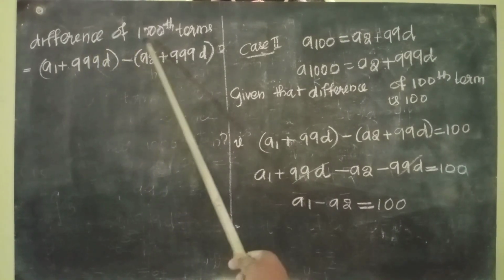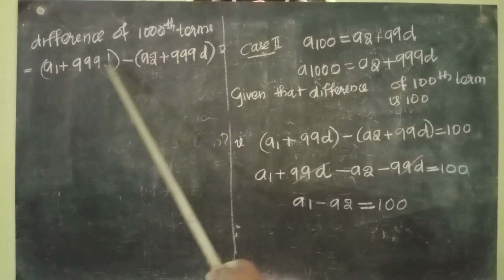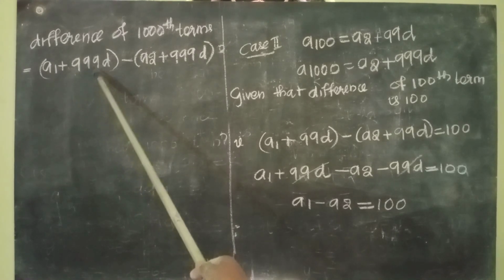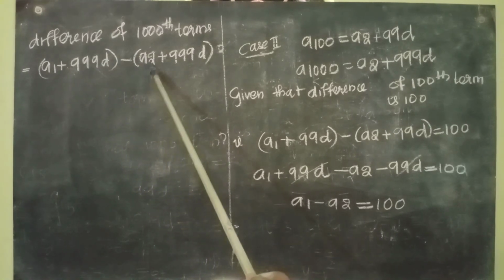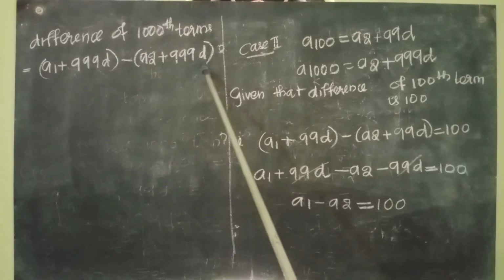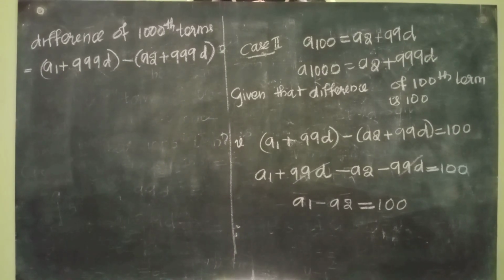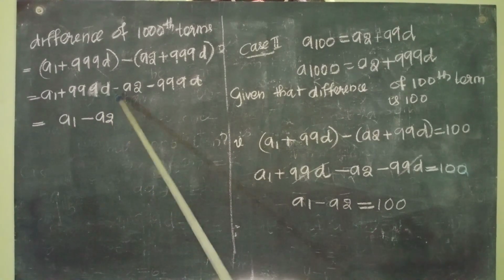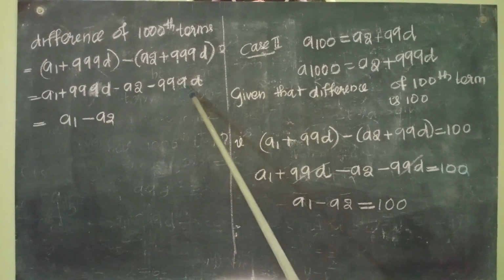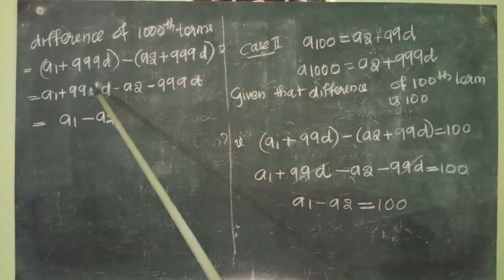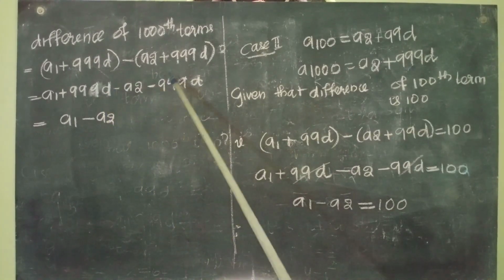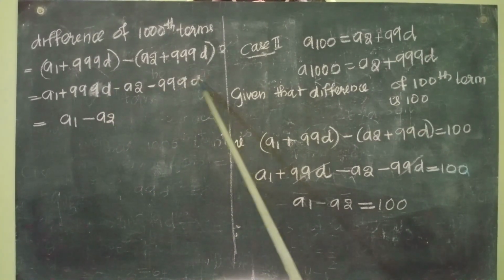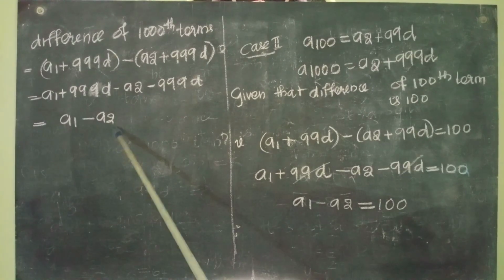Now let us find out the difference of 1000th term, that is equal to (A1 plus 999D) minus (A2 plus 999D). Let us remove the bracket. We get A1 plus 999D minus A2 minus 999D. Plus 999D and minus 999D cancelled and we get A1 minus A2.